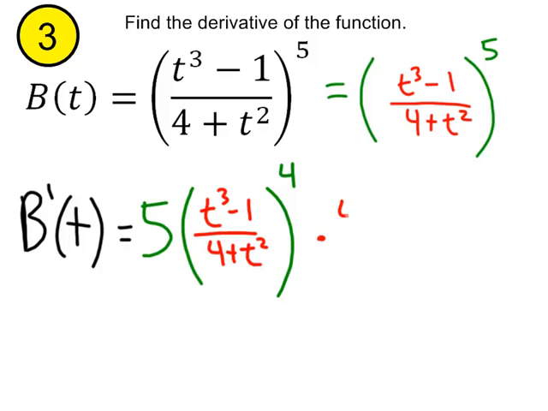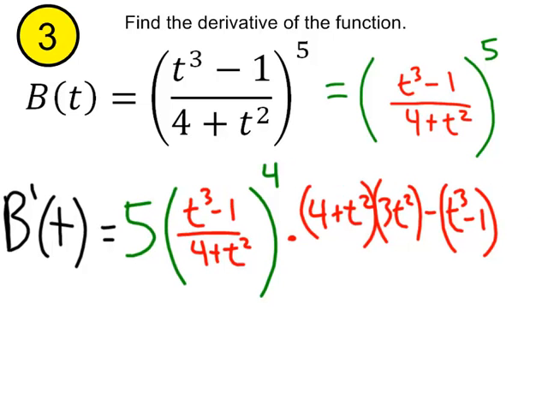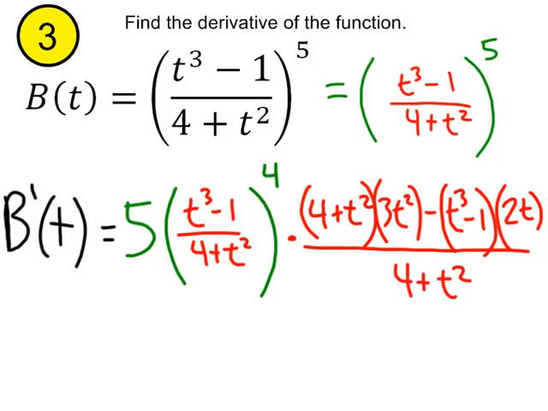So bottom times derivative of top, derivative of that t cubed minus 1, minus top times derivative of bottom, which is going to be 2t. And that's all over bottom squared, 4 plus t squared quantity squared. All right, calculus is over, and algebra remains.